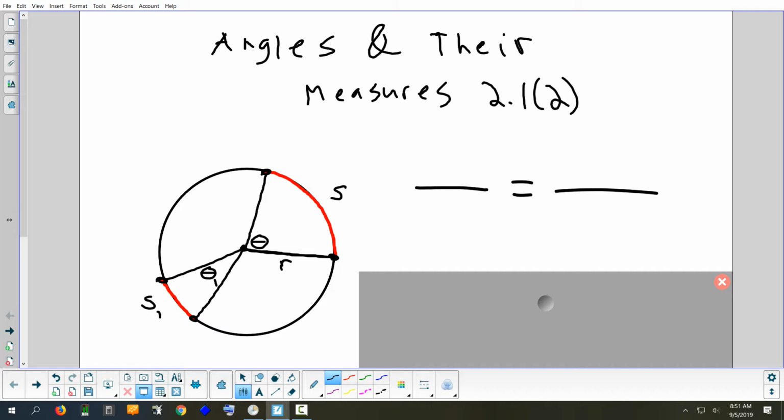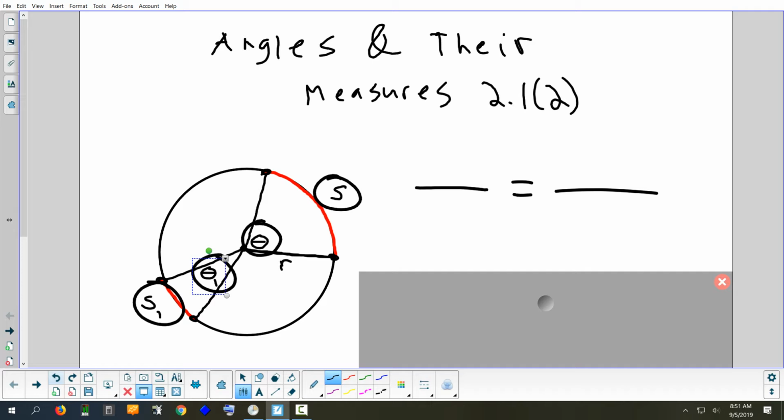Okay? So in a proportion, you have 4 spots. 1, 2, 3, 4. In those 4 spots are going to go these 4 things. You have an arc, an angle, an arc, and an angle. So we're going to put those 4 things in the 4 spots, and there's lots of ways to do it.